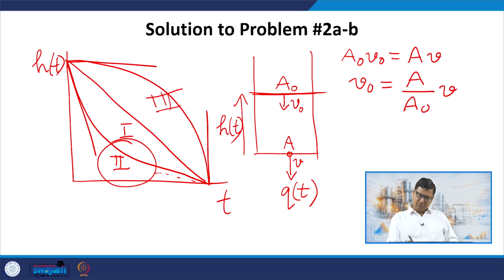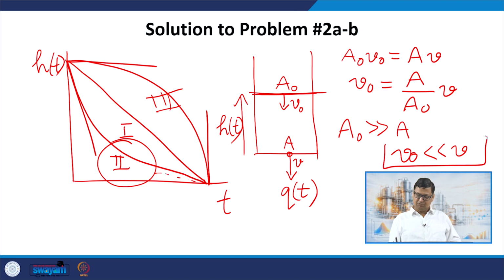And now it is not difficult to assume here, and that should be the most common case, that this A naught is going to be much larger compared to the area of the leak A, and therefore, V naught is going to be very less compared to V, and therefore, it does not harm so much if I assume that V naught is 0, right.